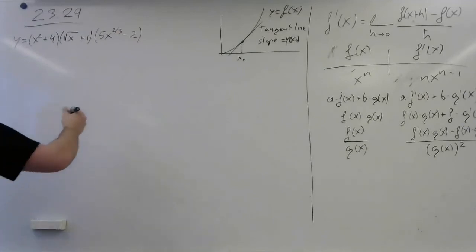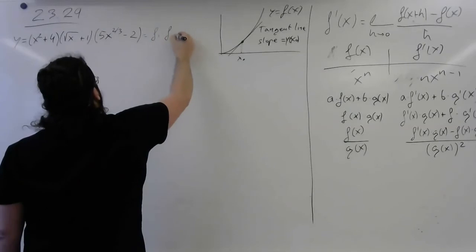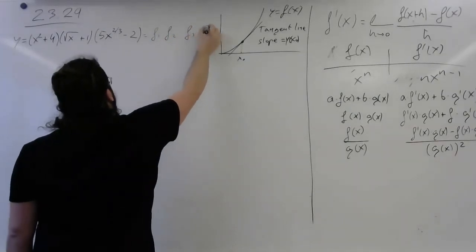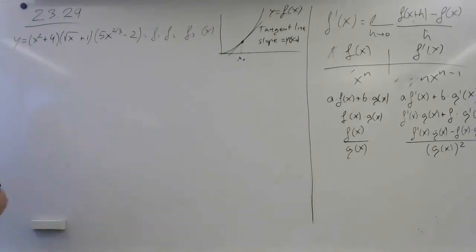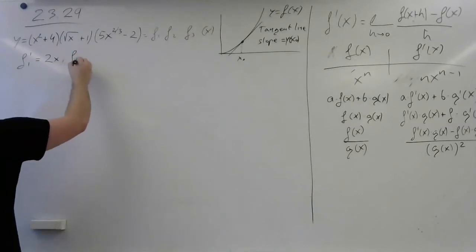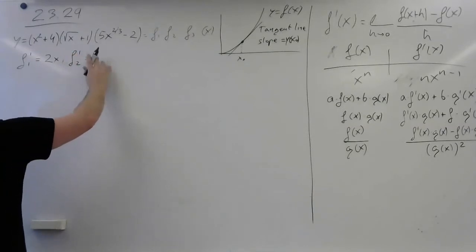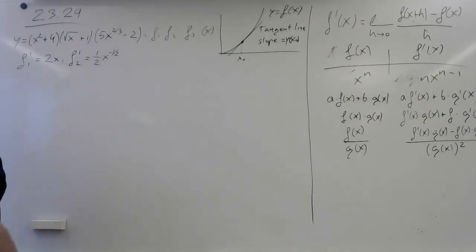I'm going to call this F1, F2, F3. Because there is some preliminaries that I have to do here. We have F1 prime is 2x. F2 prime is this thing over here.